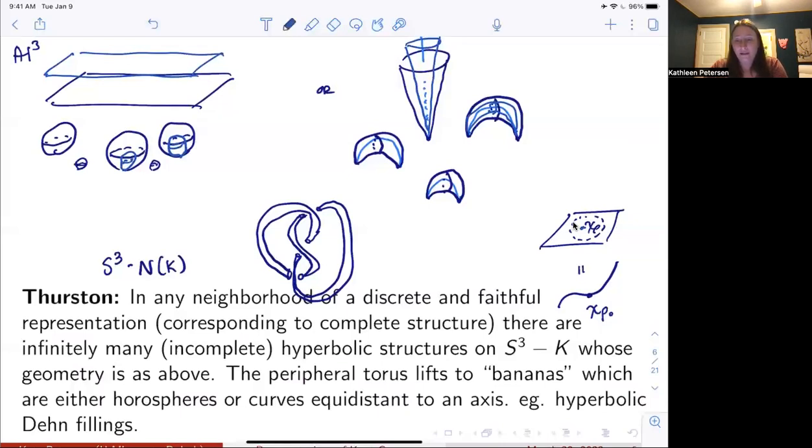And the key point is that the complex dimension of a canonical component, so in this picture, this is a canonical component because it has a discrete and faithful character, has dimension 1. And so if I have equations that an infinite number of points satisfy, then the Zariski closure, which is this whole canonical component, has to satisfy those equations as well.